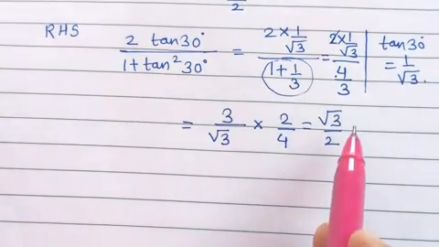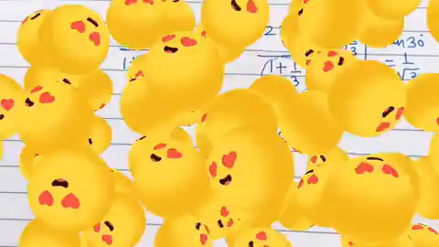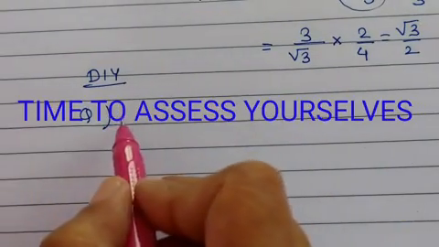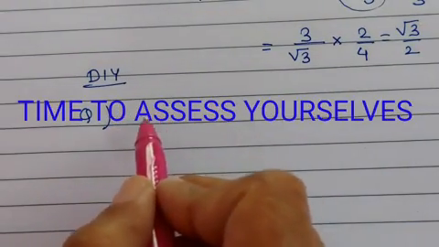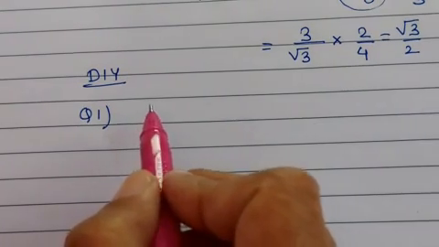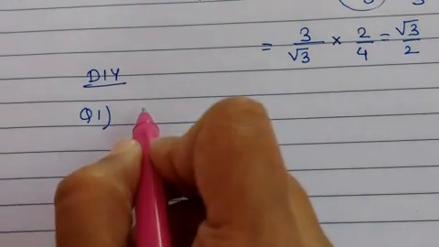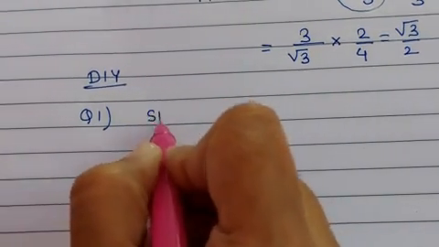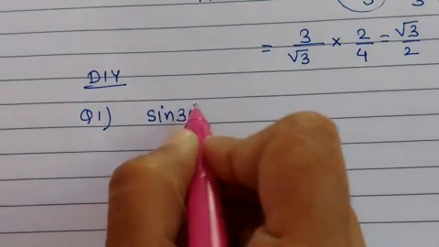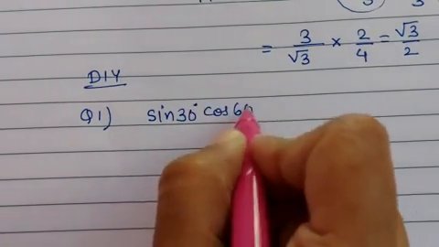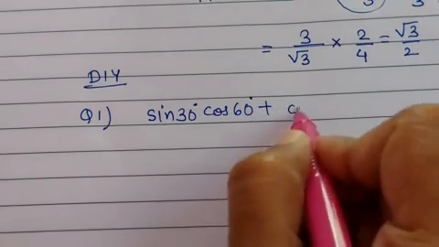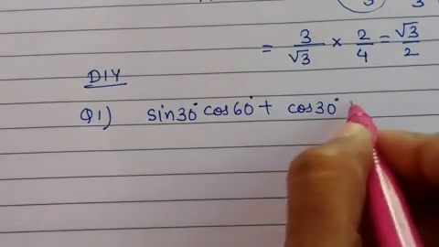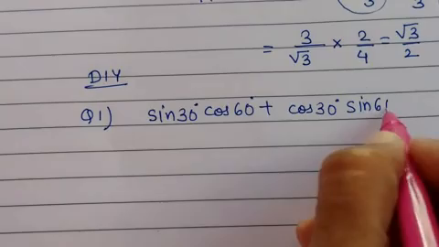So in the similar manner we can solve other questions. Now depending on these special angles, you may note down some questions for practice. First is sin 30 degree into cos 60 degree plus cos 30 degree into sin 60 degree.